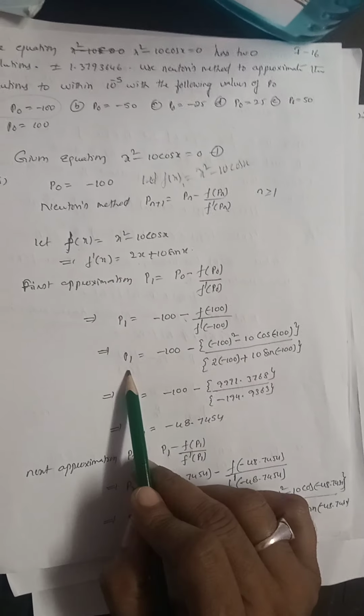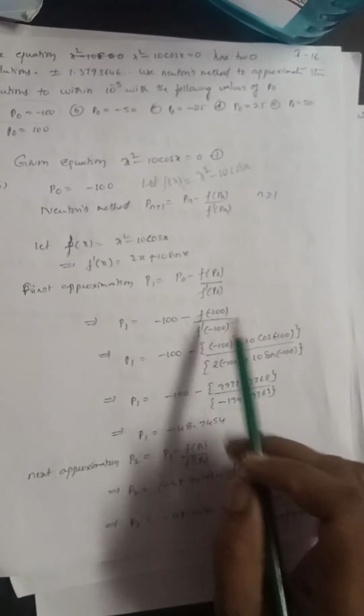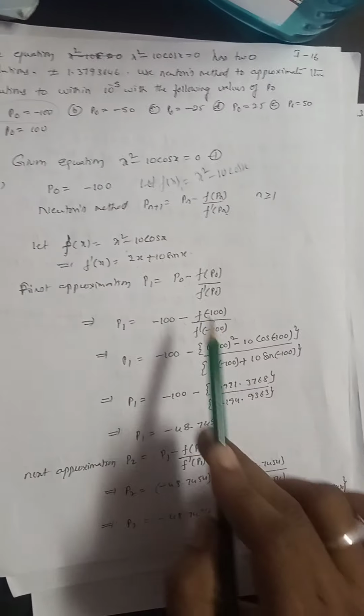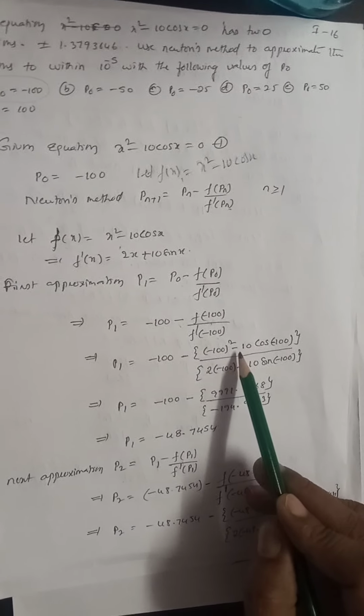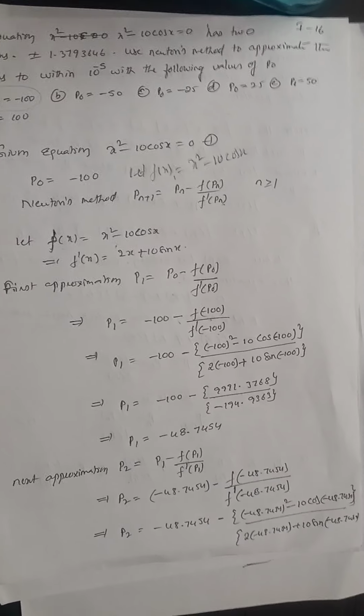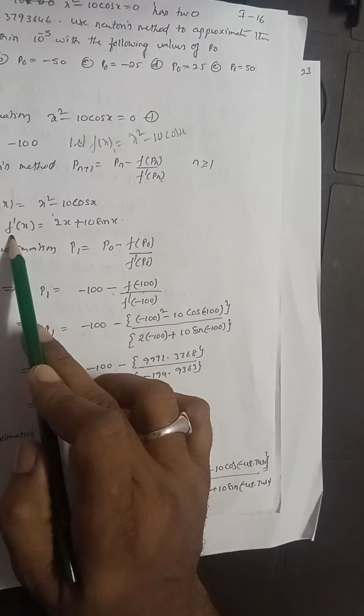Now p1 is equal to minus 100 as it is, minus what is f of x? This one. f of minus 100 means in the place of x I have to substitute minus 100. That's why I wrote minus 100 whole square minus 10 into cos of minus 100, right, by f dash of p naught, f dash of minus 100. We know f dash of x.